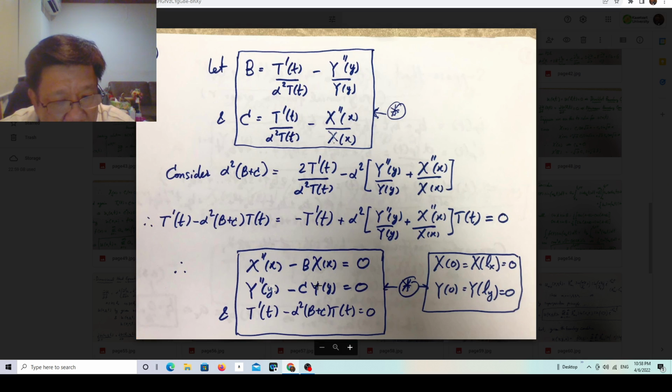But you might take a look that B and C here are also not constant. It's another differential equation. We just write it to simplify the form.